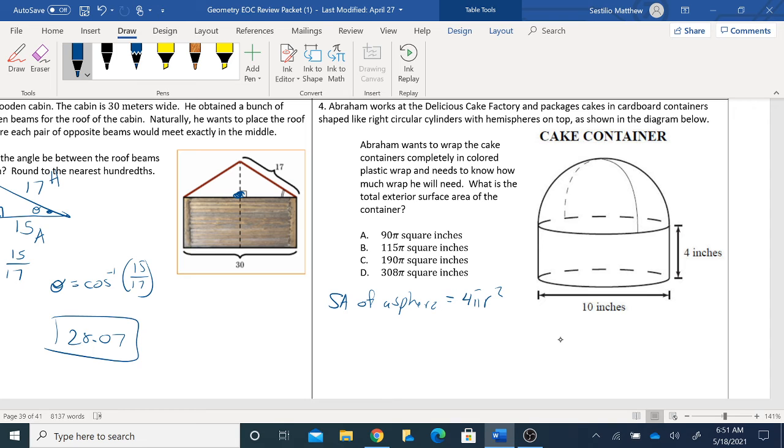So for the half sphere, we would do 4 times 3.14. Our radius would be 5 since the diameter is 10, so 5 squared. And we're going to divide by 2 because we have half of the sphere, not the whole one. So 5 times 5 is 25 times 3.14 times 4 divided by 2. We get 157. Oh, wait, they want us to leave our answer in terms of pi. Okay, so then 25 times 4 divided by 2, so this would be 50 pi.